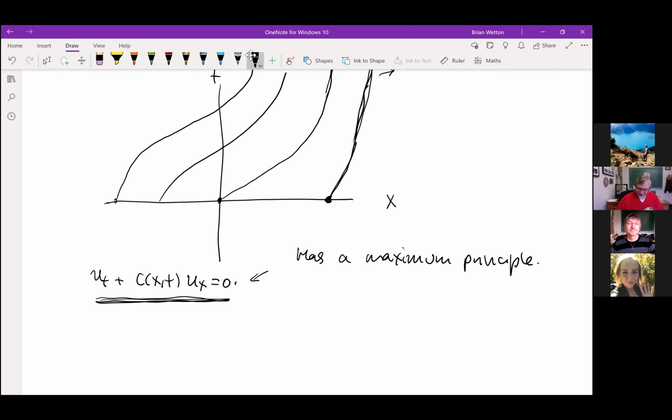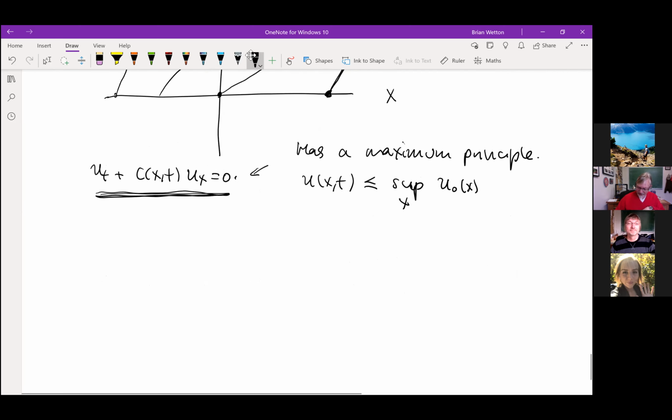So I'll say that if I look at u of x and t, it has to be less than or equal to the supremum of all the initial data, right? And this could be a maximum if it's actually attained, okay?